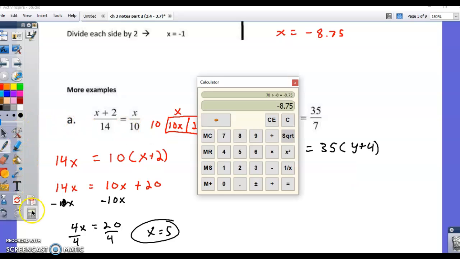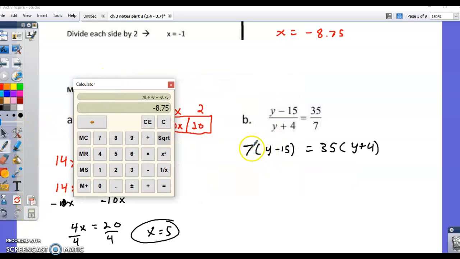All right, so take out your trusty calculator here. 7 times y is just 7y. 7 times negative 15 would be negative 105, equals 35 times y, and then 35 times 4, that's a positive 140. And again, use the box method if you need to.